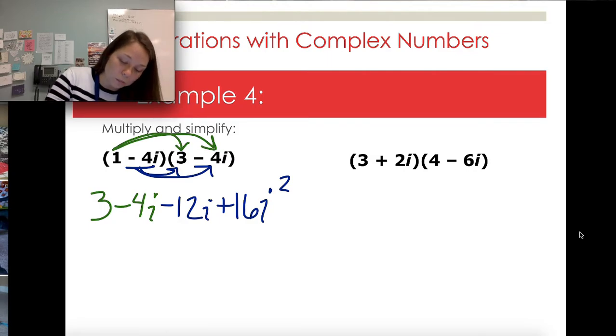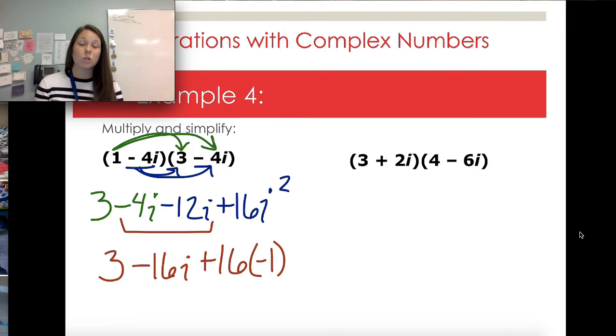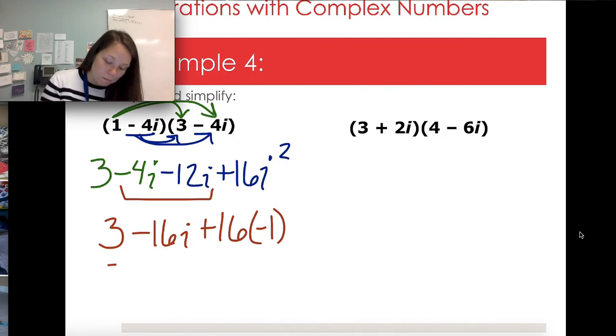Doing a little bit of simplifying here, I have 3 combining the -4i and -12i to give me -16i. Then I have to remember that i squared is the same thing as -1. So I really have not 16i squared, but 16 times negative 1. That means I have 3 minus 16i minus 16.